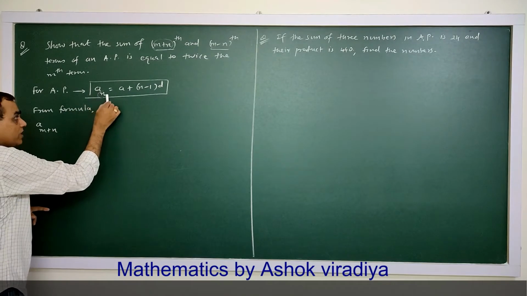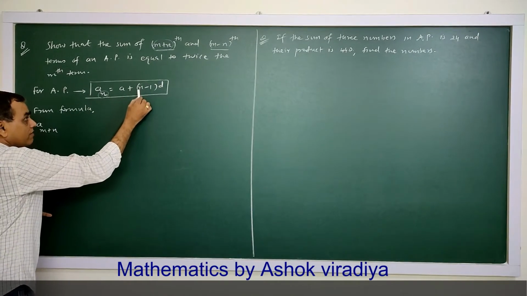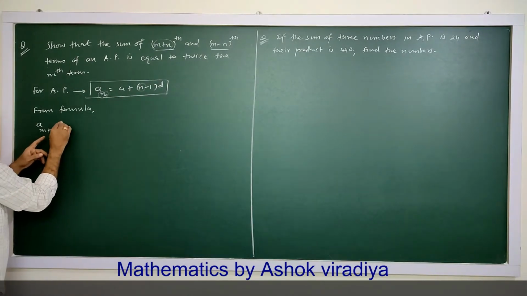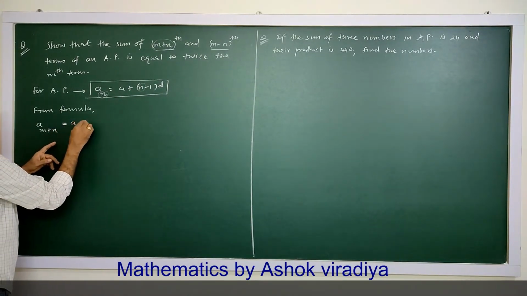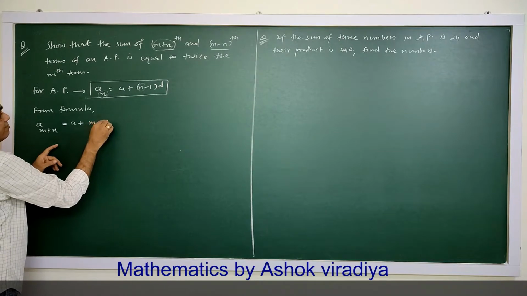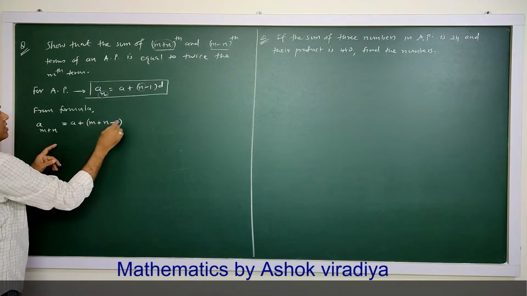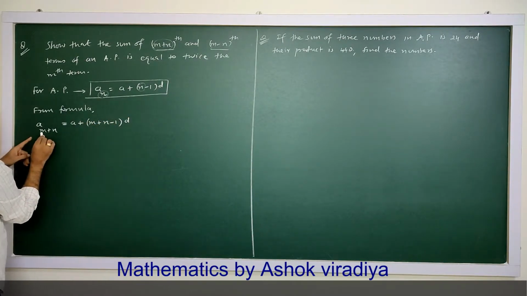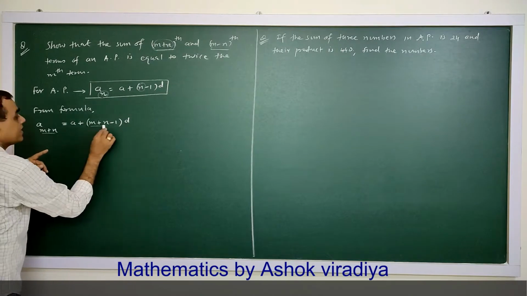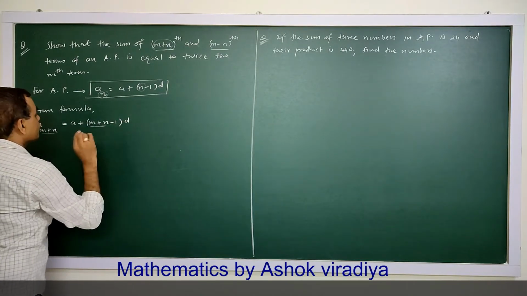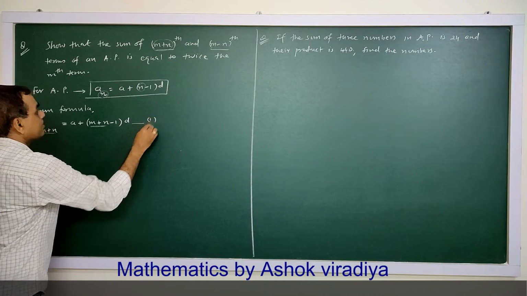Whatever you put here, the same value we keep here. So it is equal to a plus m plus n minus 1 times d. So this is the m plus nth term.